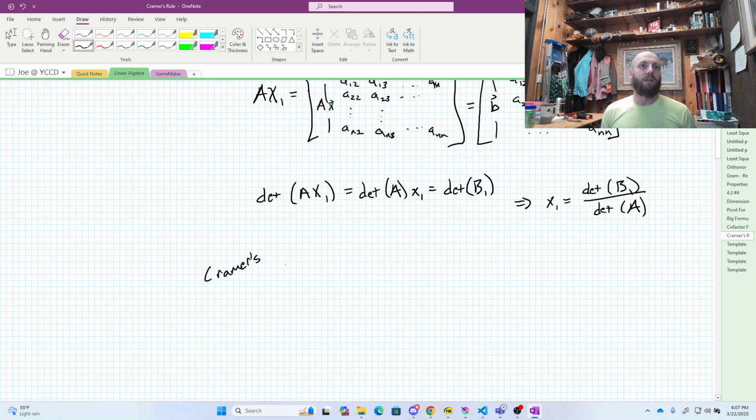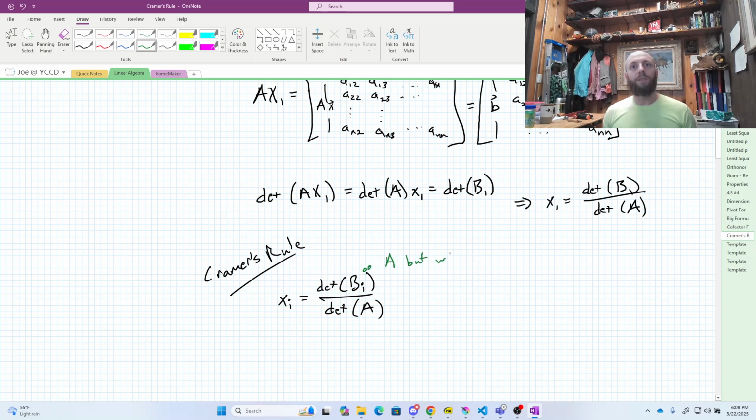Cramer's rule says xi is the determinant of the matrix Bi divided by the determinant of the matrix A, where Bi is A, but with the ith column replaced with B.